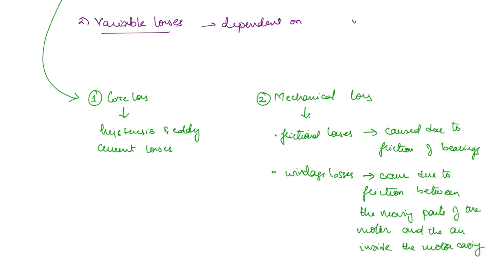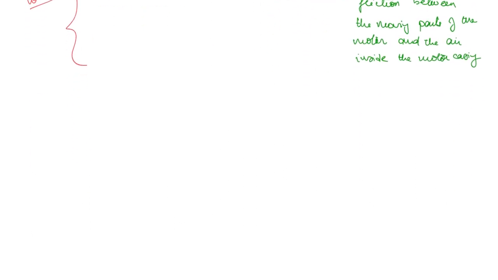So these two kinds of losses, core losses which include the hysteresis and eddy current loss, and mechanical loss which includes the frictional and windage loss, are all independent of the load variations. So this is constant losses. Now what about variable losses?